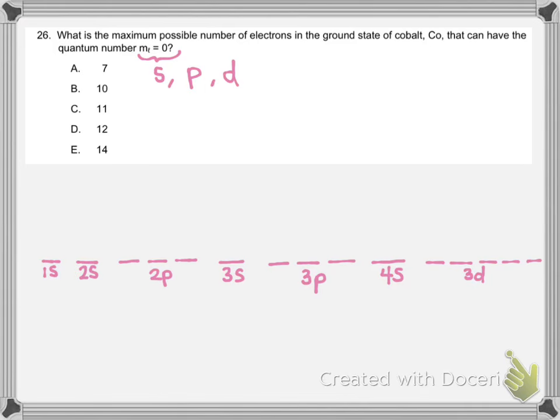So in the case of an s subshell, we know then that l is equal to 0. So m sub l is equal to only 0. And we know for a p orbital, when l is equal to 1, m sub l could either be -1, 0, or 1.